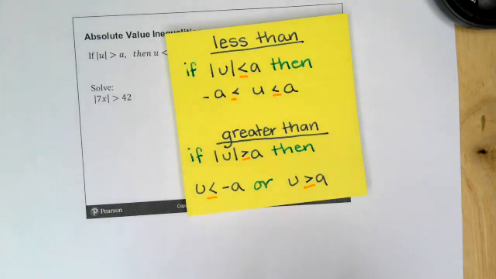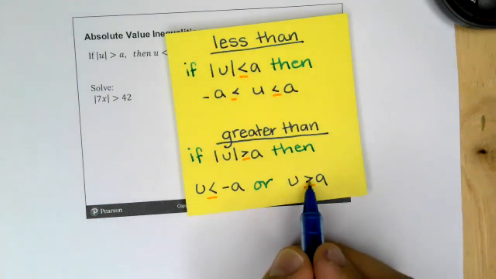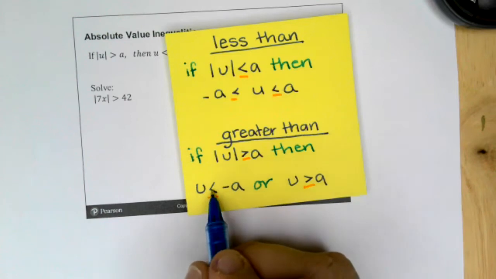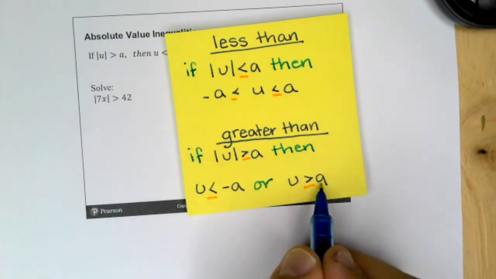Flip the symbol, change the sign, okay? Instead of a greater than, it's a less than. And instead of a positive, it's a negative.